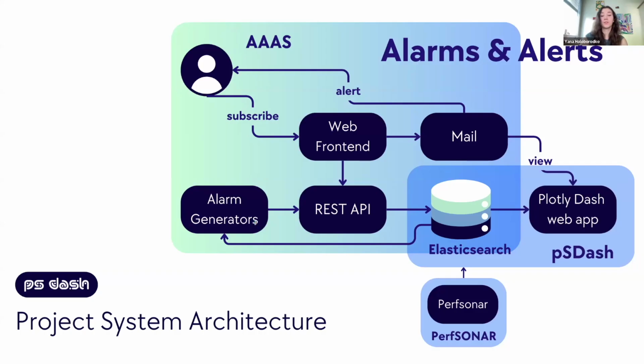Alarms are Python scripts we are developing. If we find a pattern which is repeated, and we want to keep tracking it, and we consider it important, for example, for site admins or other people who take care of WLCG performance to be aware of them.